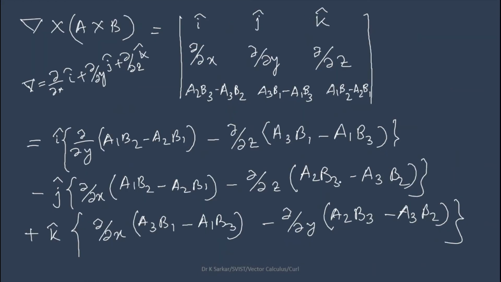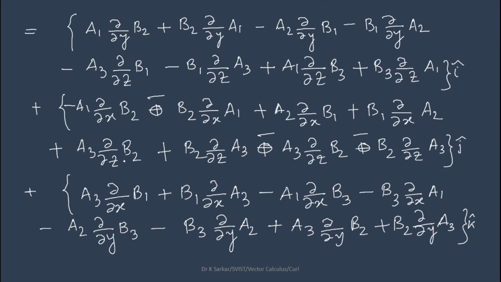Here we see del/del z of (A2B3 minus A3B2). A2B3, del/del z of A2B3. So look here, A2B3, B3 A2. Here it is A2 and here is also A2. So A2 is common: del/del x B1, del/del z B3.